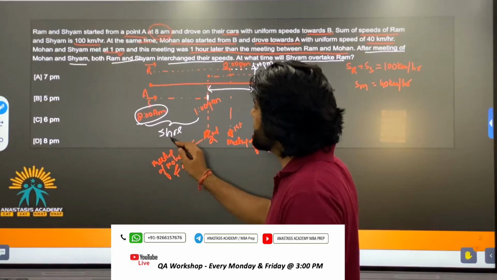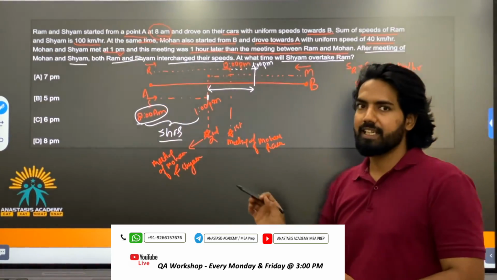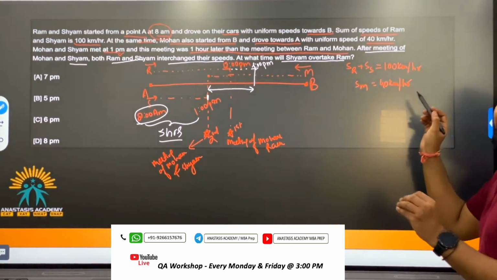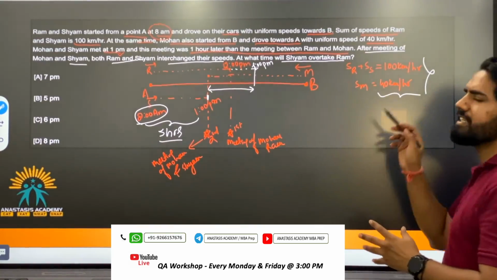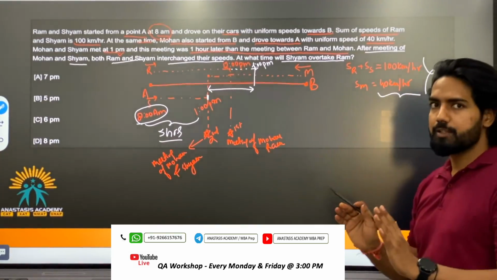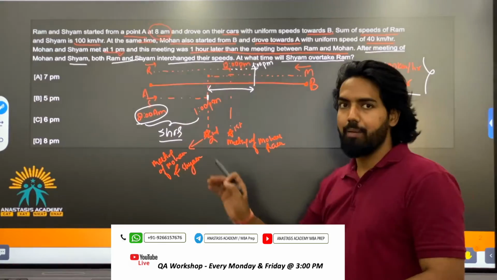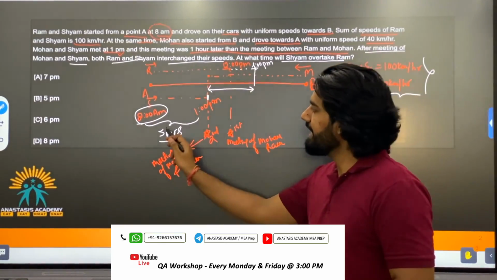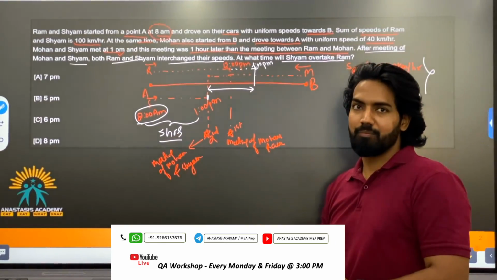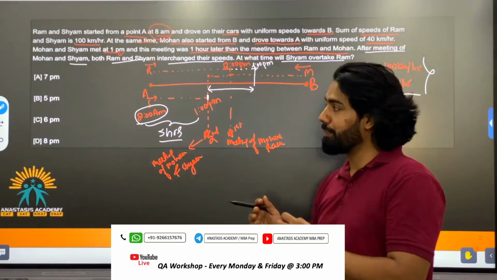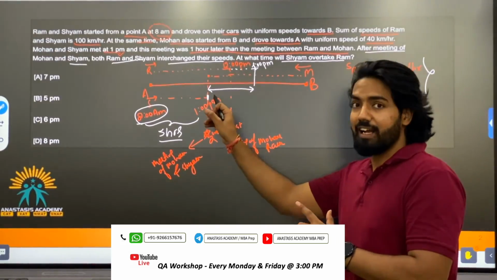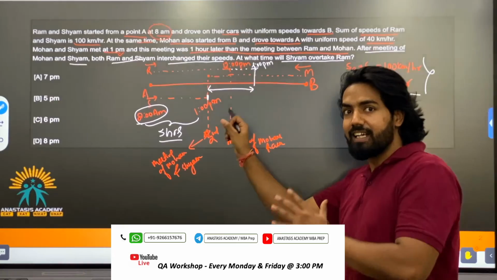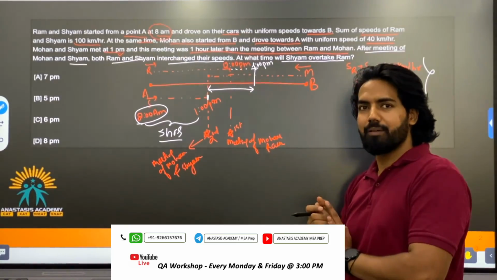In 5 hours with the speeds of Ram and Shyam, it does not matter that their sum of speeds is 100 or that Mohan's speed is 40, whatever their speeds are, this gap was created in 5 hours. So when their speeds are exchanged, Shyam will take another 5 hours to close this gap.